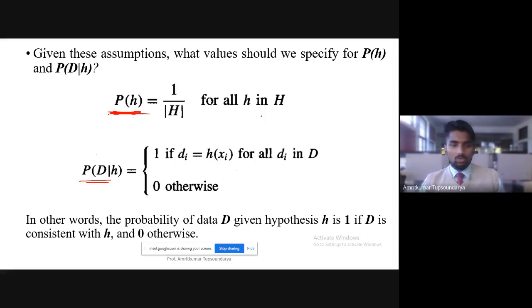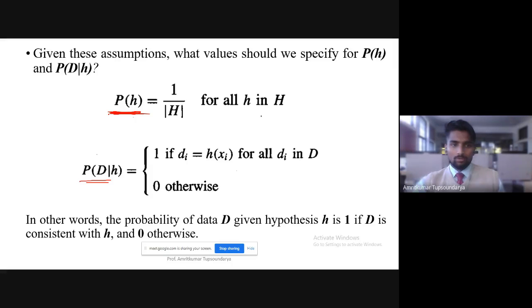We need to have some prior knowledge. That is one difficulty with Bayesian learning: we need to have some prior data, prior information, or prior knowledge. Only then can we proceed ahead to find the probability.